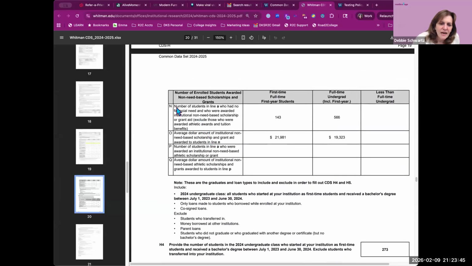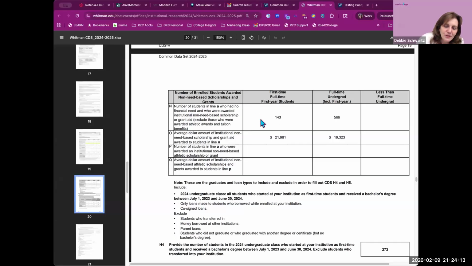So line N, number of students who in line A, which is how many students enrolled in the college, number of students who had no financial need but who were awarded institutional non-need based scholarships or grant aid. So all of that information says merit scholarships. So line N is the merit scholarship line.